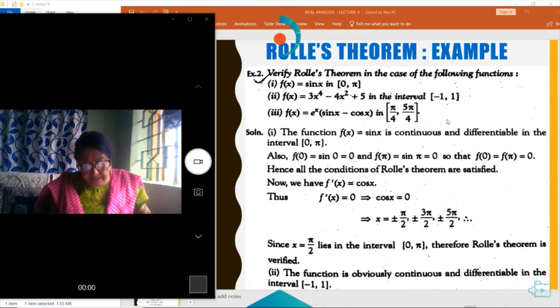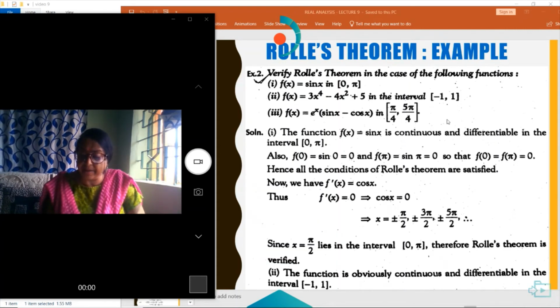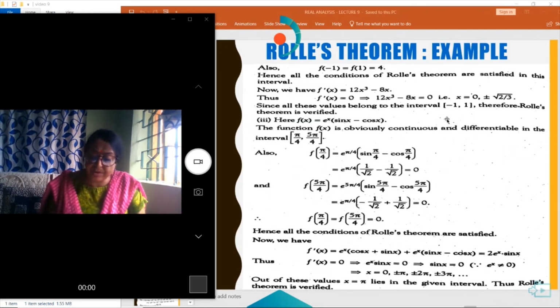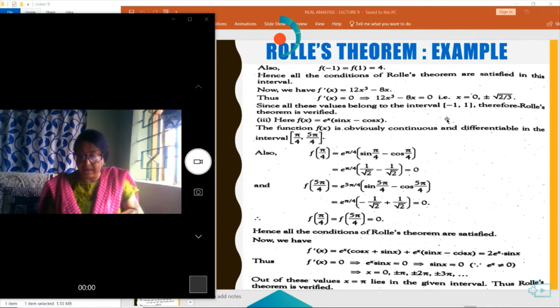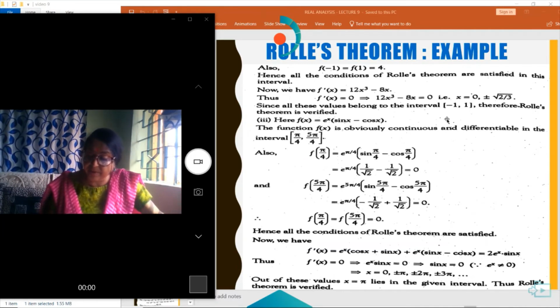Now the second one, f(x) is equal to 3x to the power 4 minus 4x squared plus 5 in the interval minus 1 to 1. Hence, all the conditions of Rolle's theorem are satisfied, but you have to check on your own whether they are continuous in this interval or not, whether they exist in this interval or not, then we proceed.